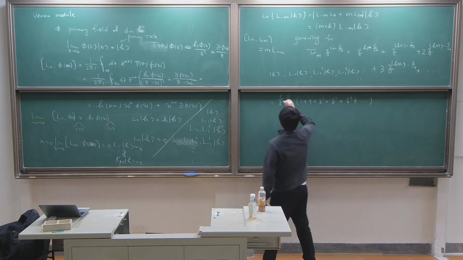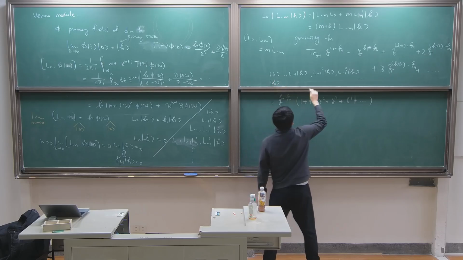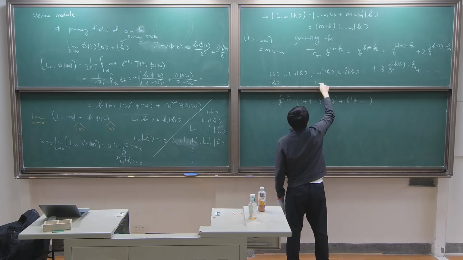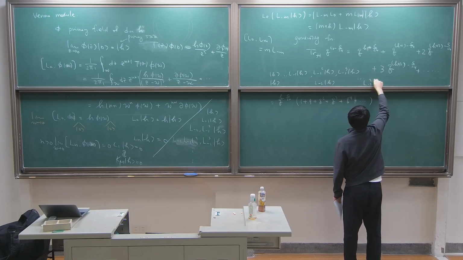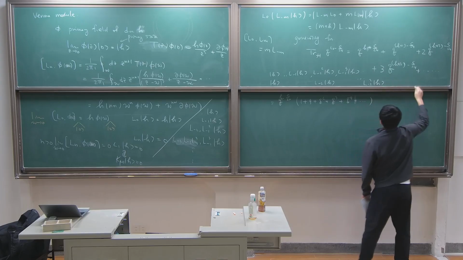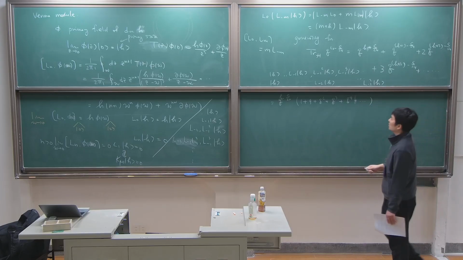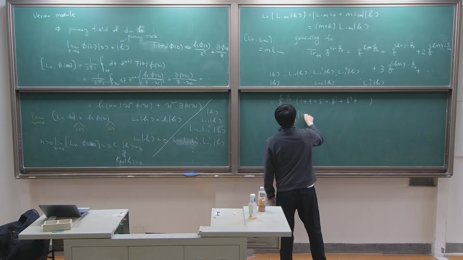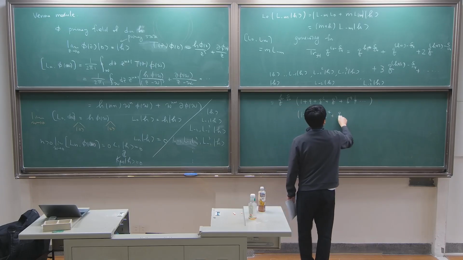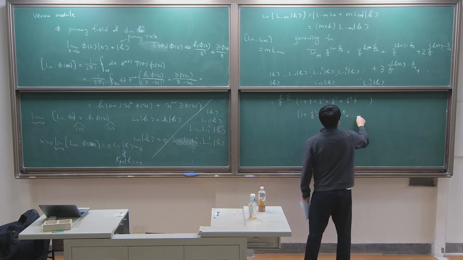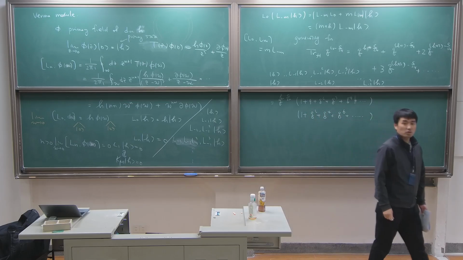Also, we can consider the next one, L minus 2 acting on h, and L minus 2 squared on h, and so on. That is, in fact, 1 plus q squared plus q to the fourth plus q to the sixth, and so on.